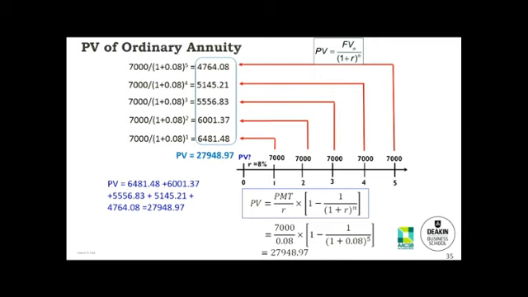But you can use it to verify it, isn't it? To verify it, what should we do? We just need to discount each of the cash flow back to time 0, like what we did in the previous example. Do you agree? And then you have present value of each of these 5 cash flows at time 0. Do you agree? And then you sum them together. And as you can see, the solutions are exactly the same.